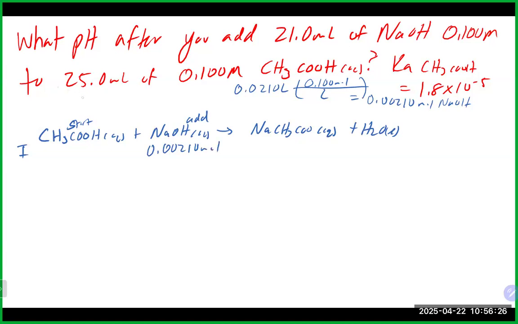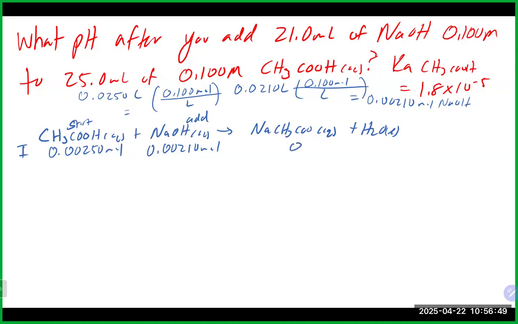We'll do the same thing there for our acid here. So converting that into liters, times the molarity of our acid, 0.1 moles per liter. And I'll just put it in the table there. 0.0025 moles in this case.